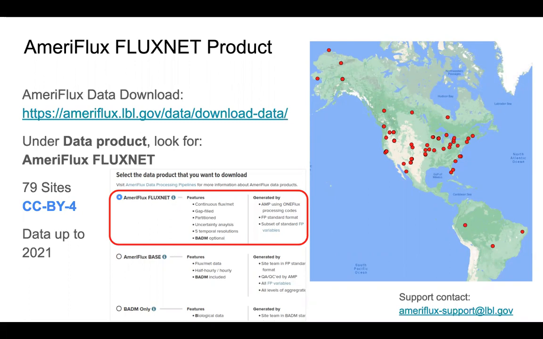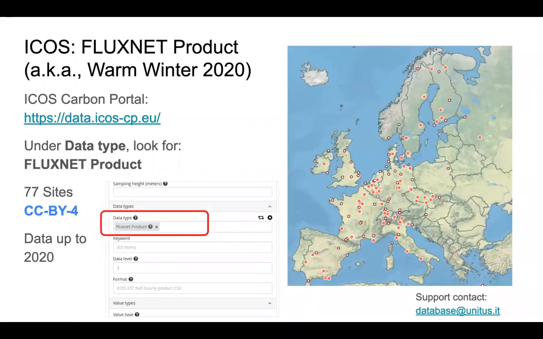Data for AmeriFlux now goes up to 2021, and we're working on the site processing to include 2022 data already. We have 79 sites, and on the data download page there are a few other products that you can download, but basically you just have to select the AmeriFlux FLUXNET product to have access to these sites that are processed in this way with the ONEFlux pipeline.